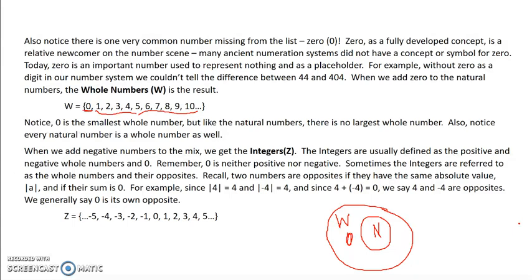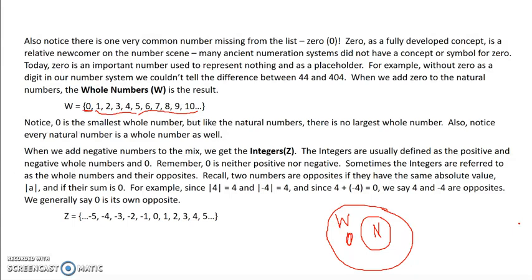Recall that two numbers are opposites if they have the same absolute value, or if their sum is 0. So if I take a number and add it to its opposite, I will get 0. So 4, for example, and negative 4 are opposites, since they both have the same absolute value. And if I add 4 and negative 4 together, I get 0.